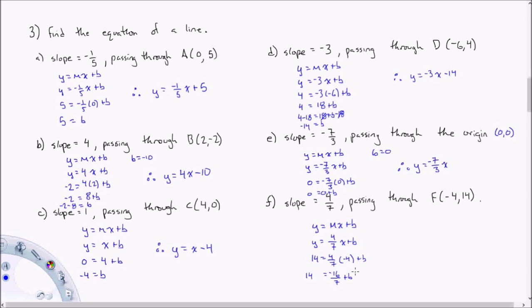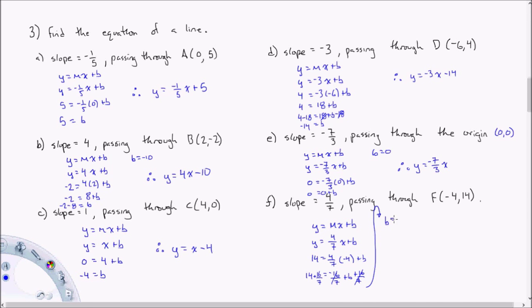And now we want to add 16 over 7 to both sides of the equal sign. So negative 16 over 7 plus 16 over 7 is 0. So we've isolated for b. And maybe we'll continue this over here. So b is equal to what's left on the left side here.